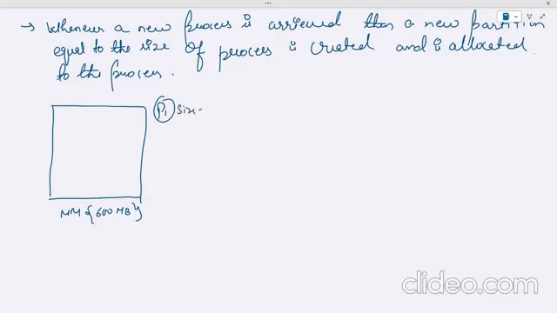When P1 needs 250 MB of space, the operating system allocates 250 MB of space from the main memory.